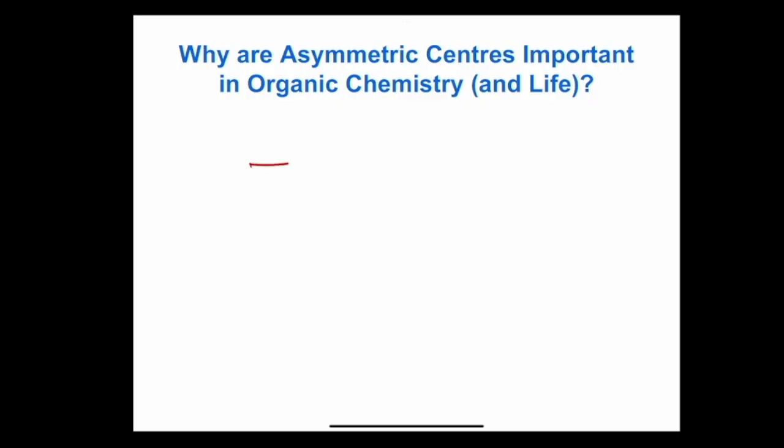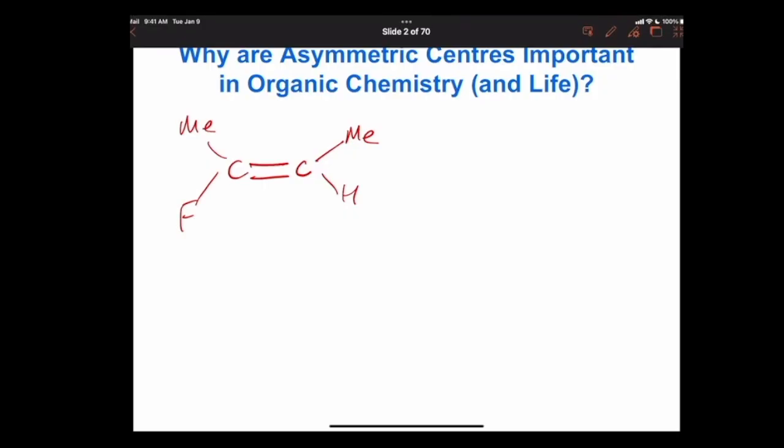we can say that carbon is a stereocenter. For example, I have this carbon, a methyl, a hydrogen, the other carbon, let's put a methyl and a fluorine. From this, I can call this carbon and this carbon both stereocenters.